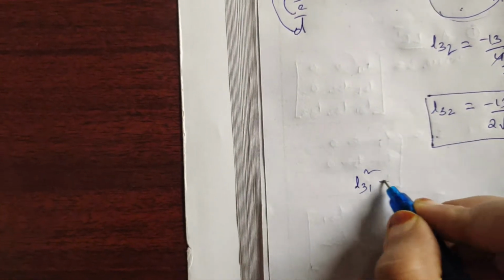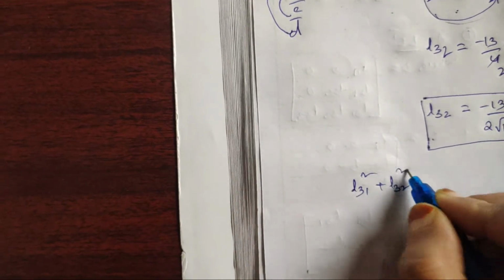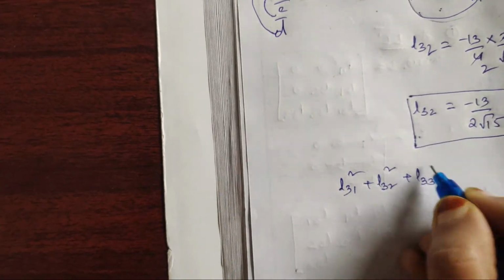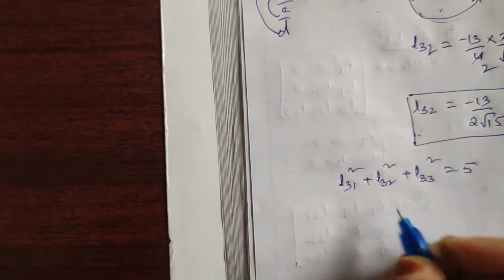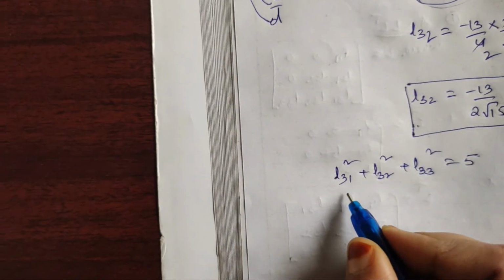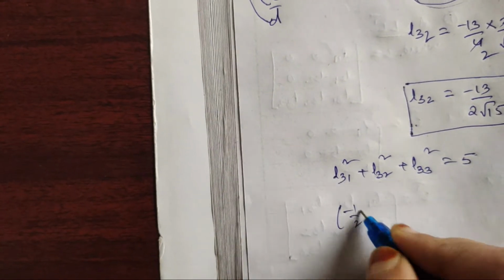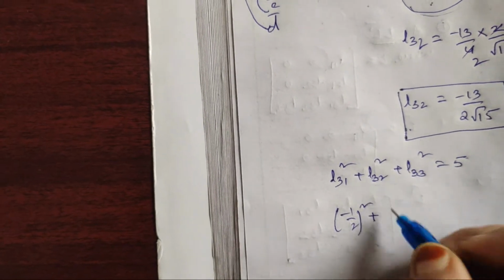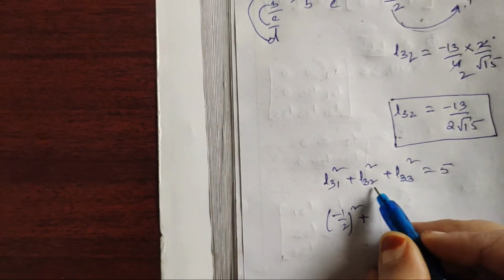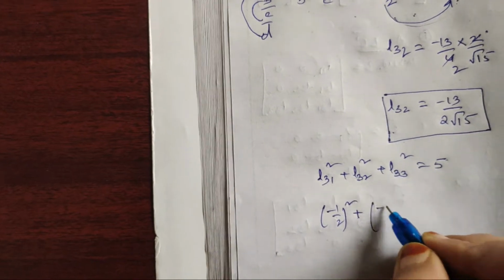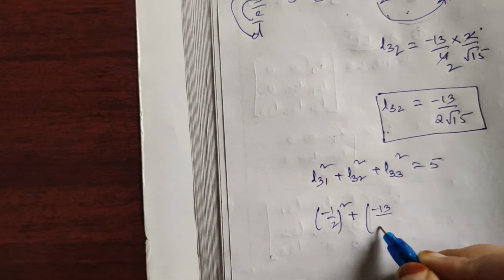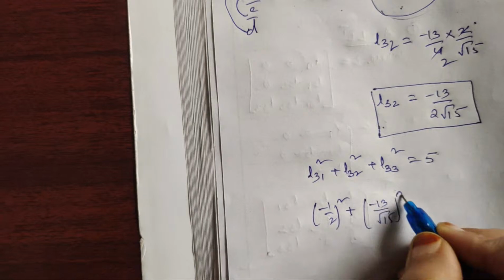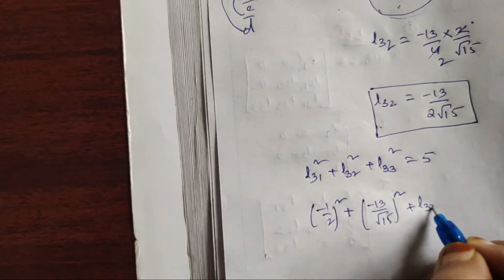L31 square plus L32 square plus L33 square equals 5. L31 square is minus 1 by 2 whole square, plus this value L32 square, which is minus 13 by 2 root 15 whole square, plus L33 square equals 5.